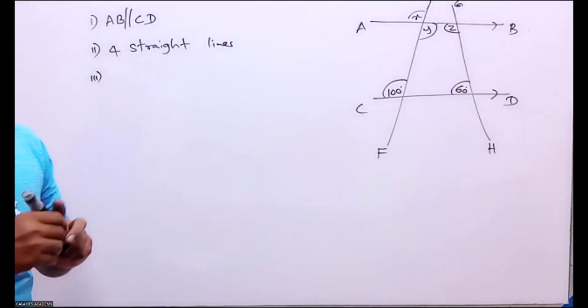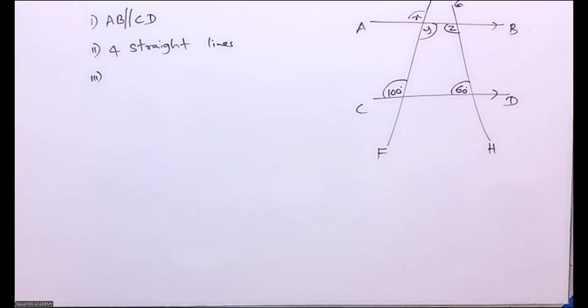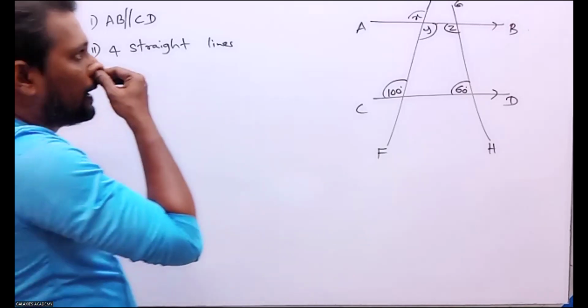The one relationship you can write is x equal y. What's the reason? Vertically opposite angles.